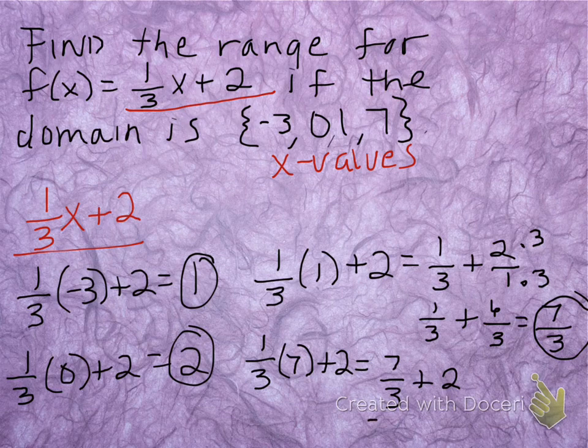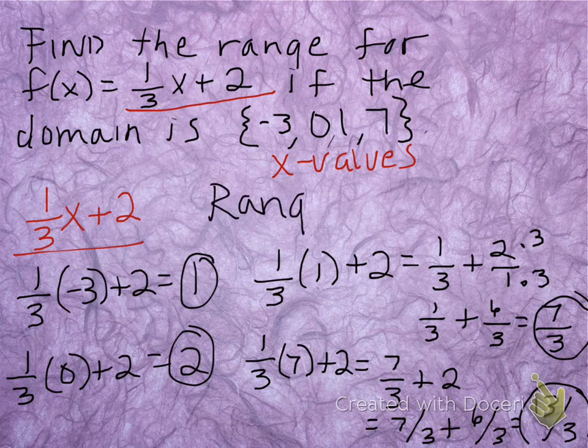So this is the same as just 7/3 plus, we already determined from the previous one that 2 is the same as 6/3. 7/3 plus 6/3 gives you 13/3. All right, so your range is going to be 1, 2, 7 over 3, 13 over 3.